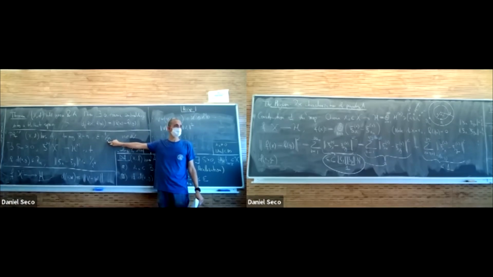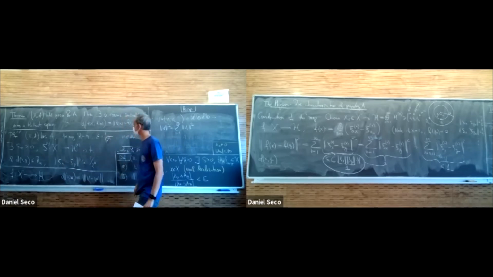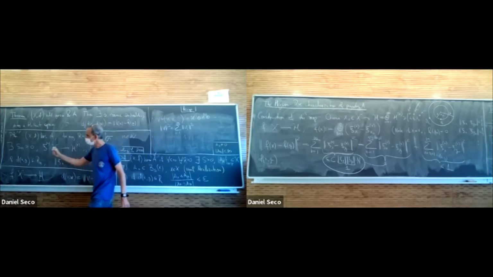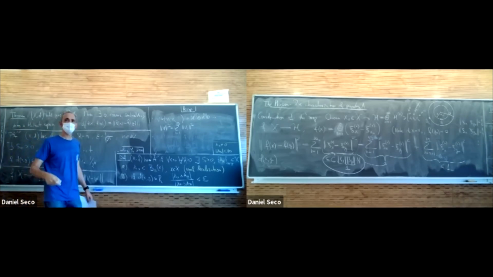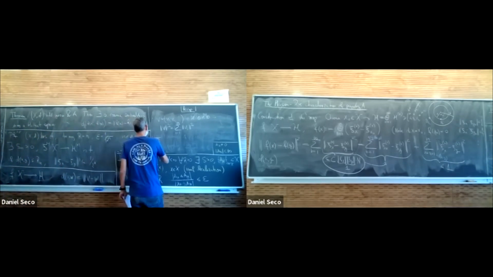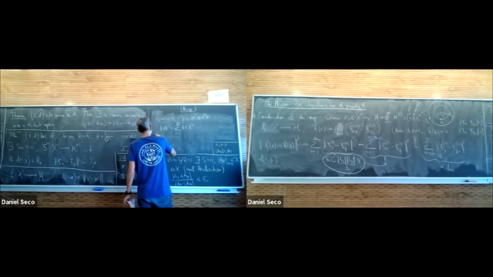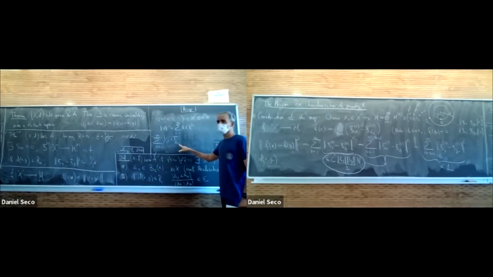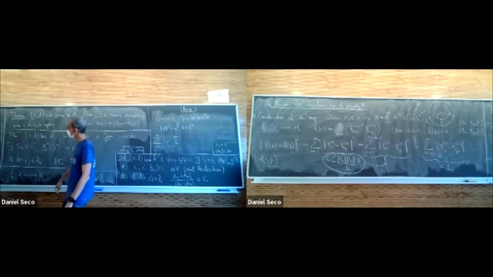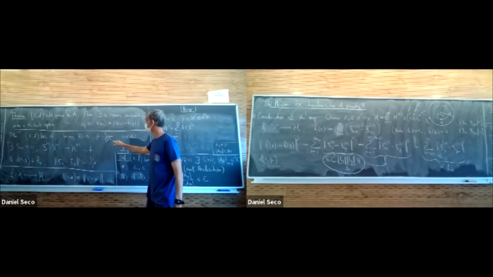Maybe I have to put a square root here. But in any case, I'm summing up a series that is below 1. So what I'm exploiting is this: this is a converging sum, and I'm starting far away. So I get a number which is below 1.